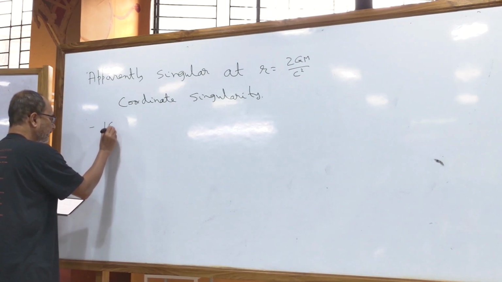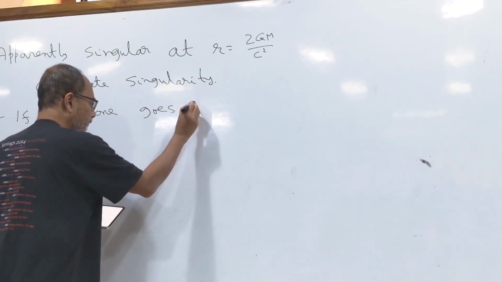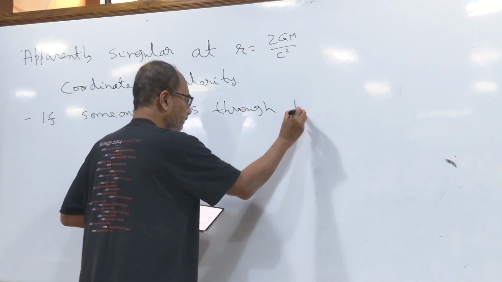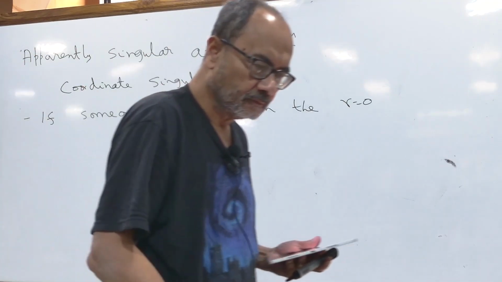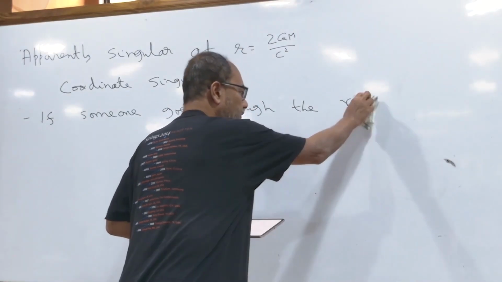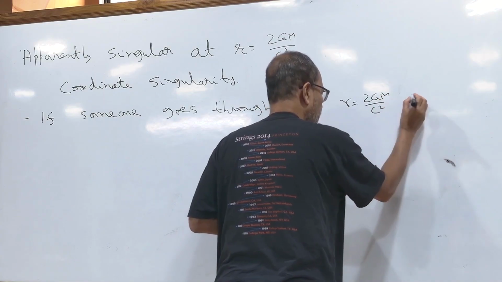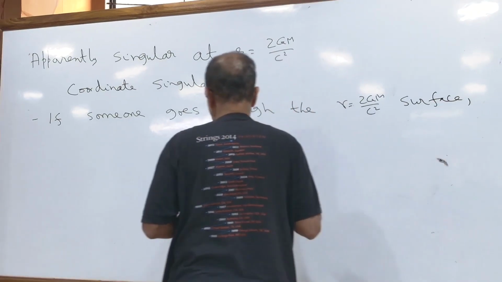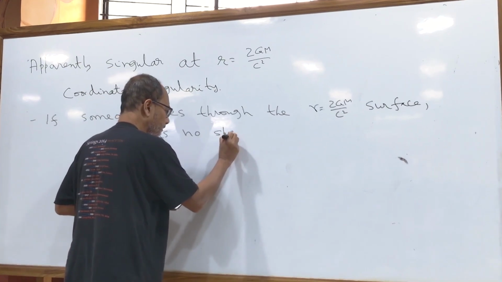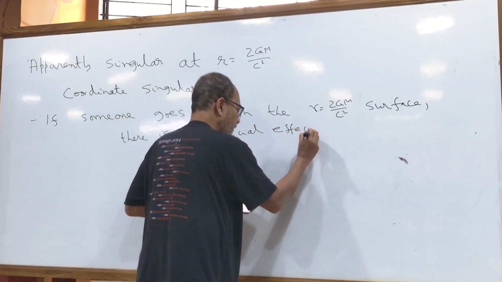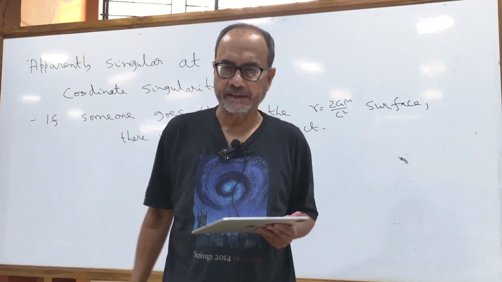So if someone goes through, okay, you can go into a spaceship and jump through r equal to 2GM over c squared, and you will not really feel anything.